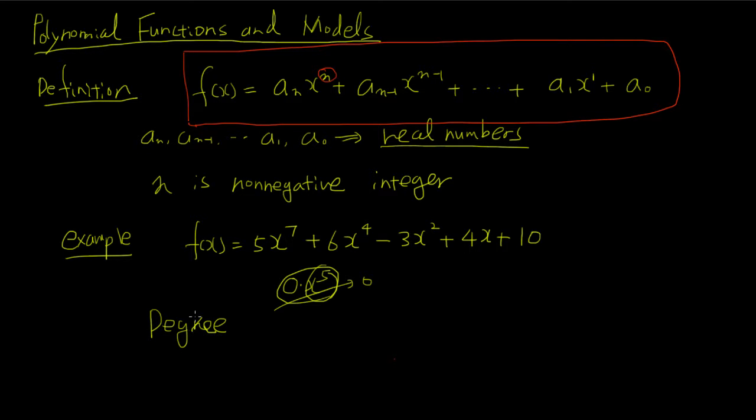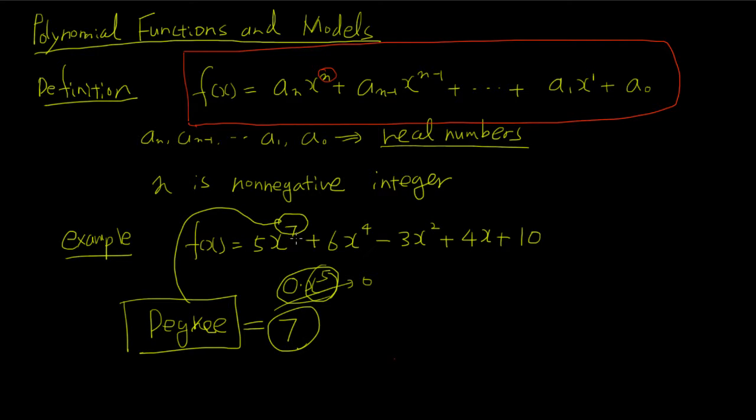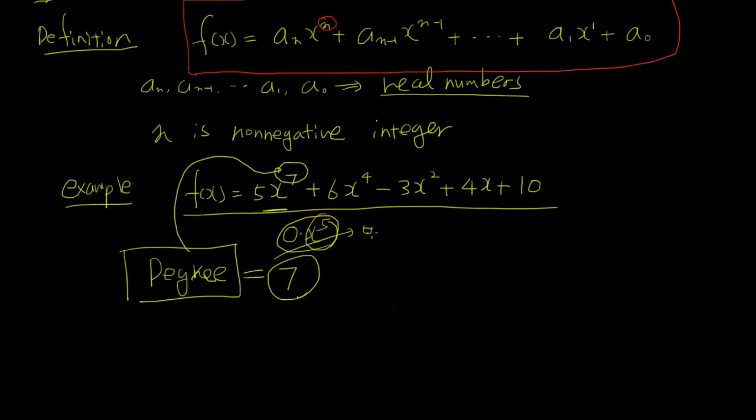The degree of this polynomial is going to be 7, the highest exponent, the highest power. So this particular polynomial is a degree 7 polynomial. No big deal.